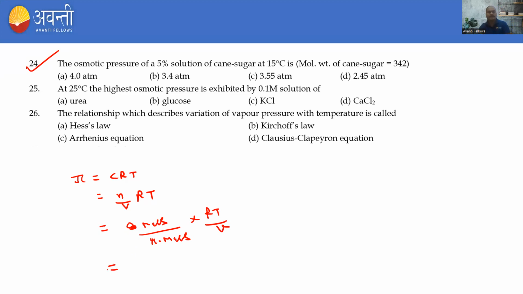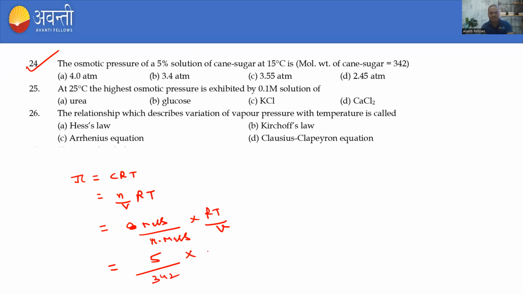So here, what is the mass? A 5% solution means 5 gram in 100 gram, so the mass of the solution is 100 gram and the mass is 5 gram. The molar mass of cane sugar is already given, that is 342.